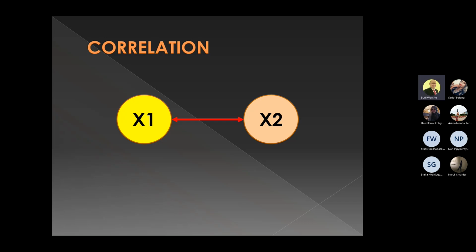We can see that there is an equality of the two variables, which can be represented by a two-way arrow from x1 to x2.